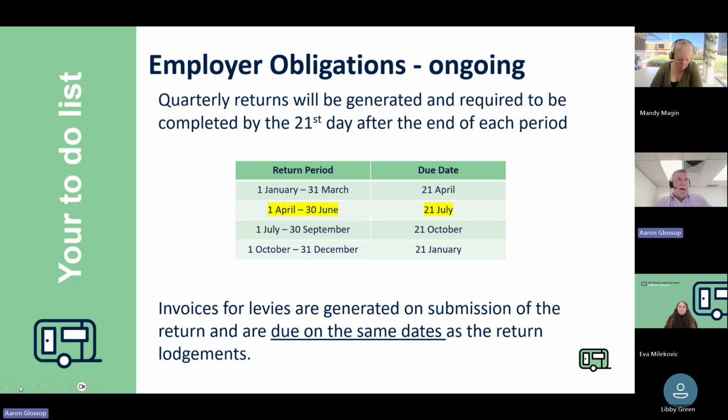The little highlighted yellow bit is the current quarter we're in, and that's the due date, and the future due dates of the other quarters. The important thing to remember is that the levy and those returns are due on the same day, so you can complete them both in one go.